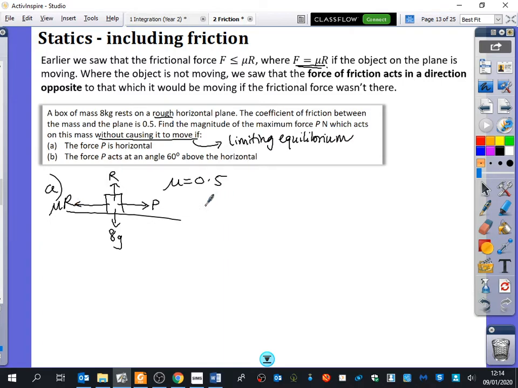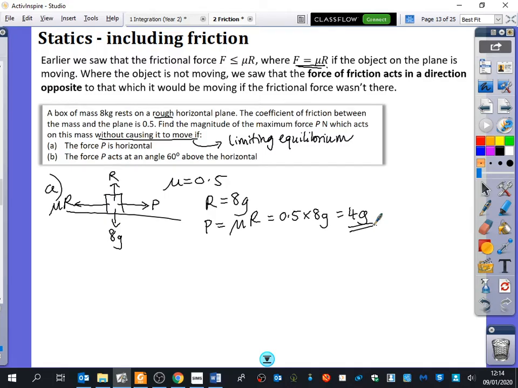Very quickly, R is equal to 8g. And because it's in limiting equilibrium, P is equal to mu R, which is 0.5 times 8g, which is 4g. So the maximum size that P can be is 4g.